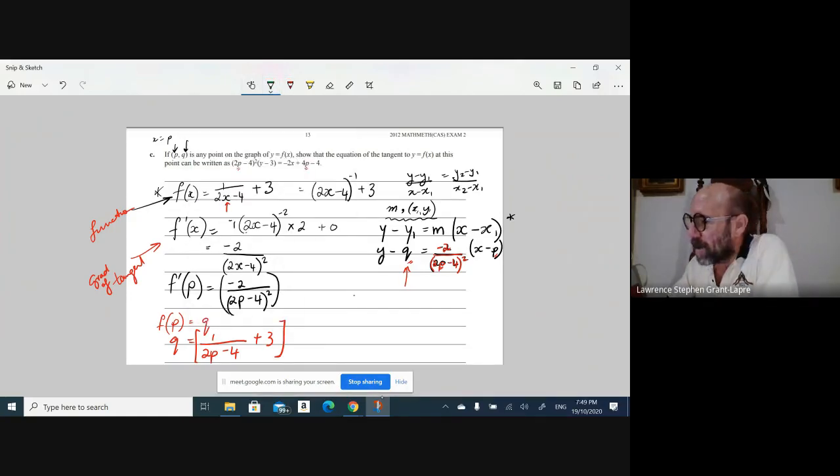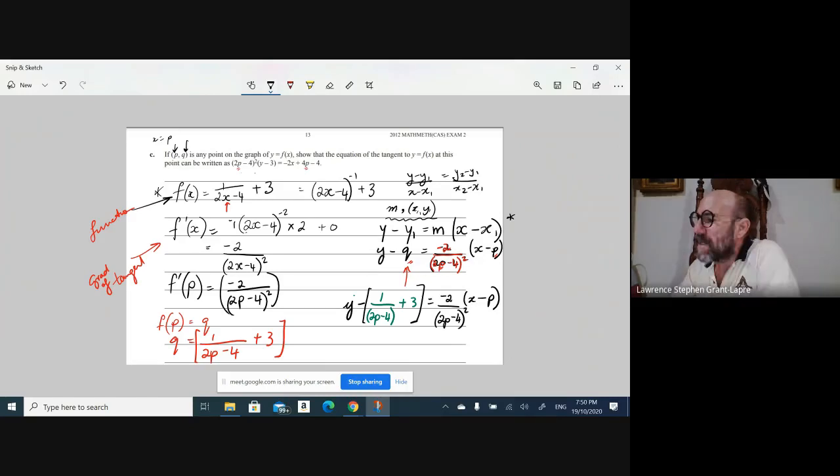So we've got 1 over 2p minus 4 plus 3. So that's what I'm going to replace q with. Everything else is still y minus q equals negative 2 over 2p minus 4 squared, times x minus p.